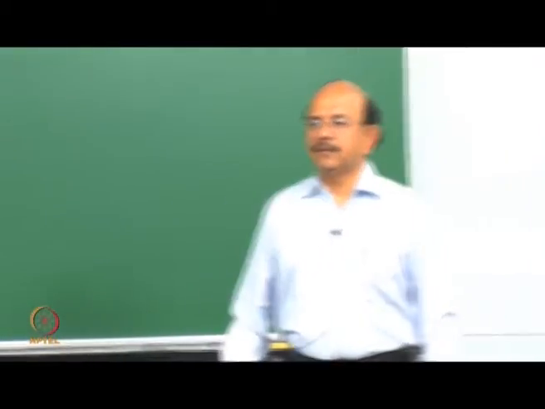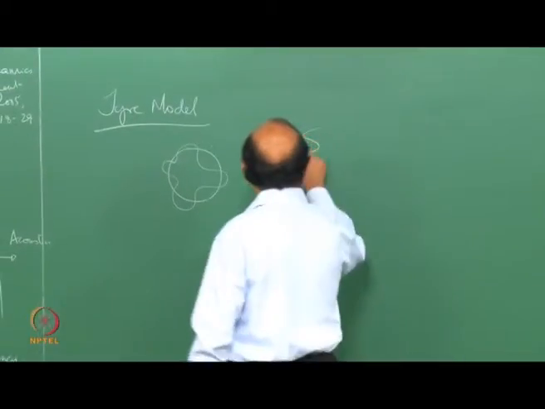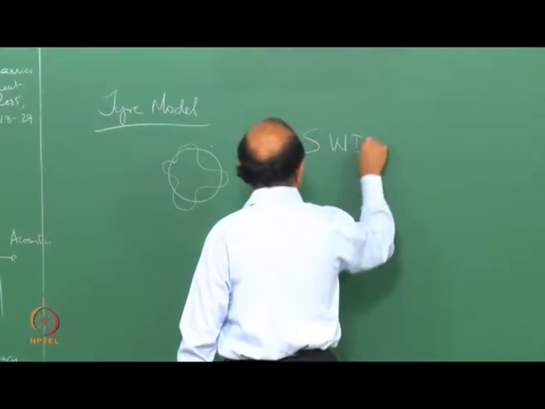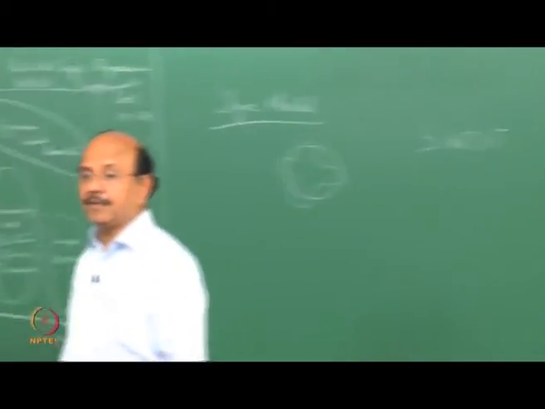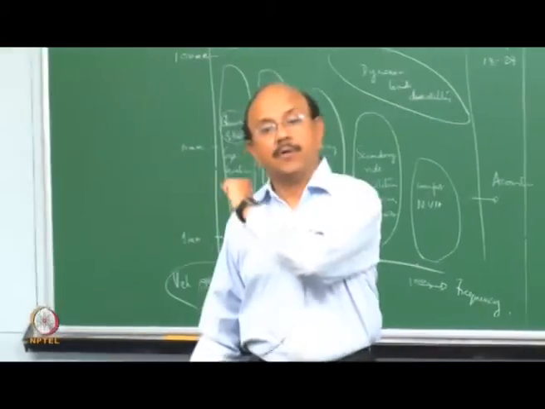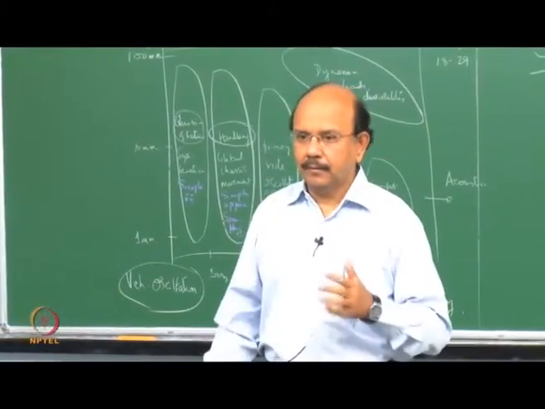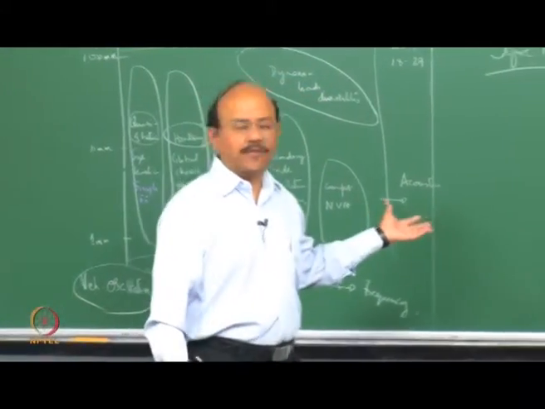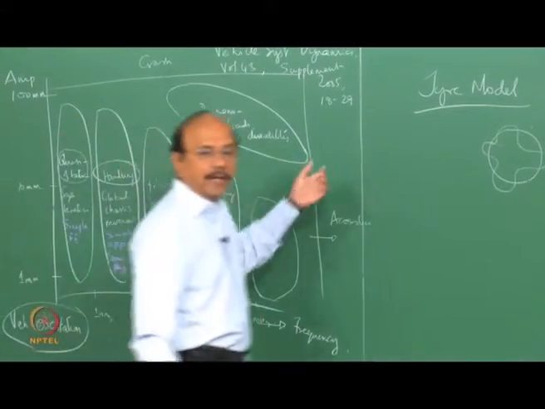You have, for example, a model called the Swift model. The name itself is like that: short wavelength intermediate frequency tire model. So that may be about 70, 80 hertz, and that's the frequency range it can accommodate.